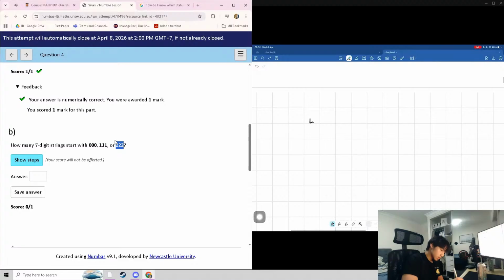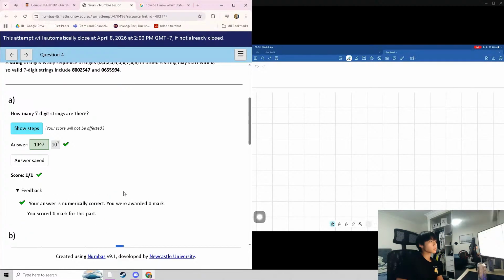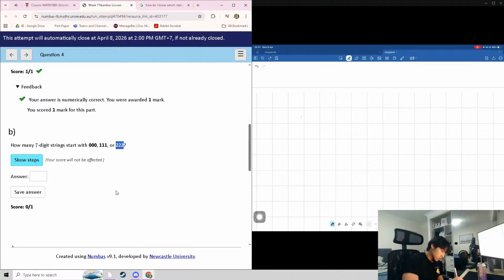So we have what? 10 elements to choose for a 7-digit string. Order is important.